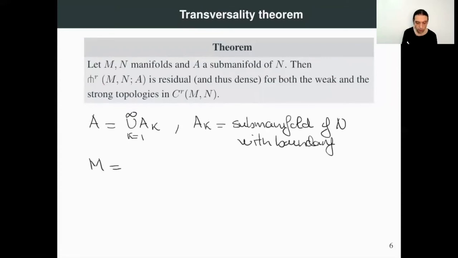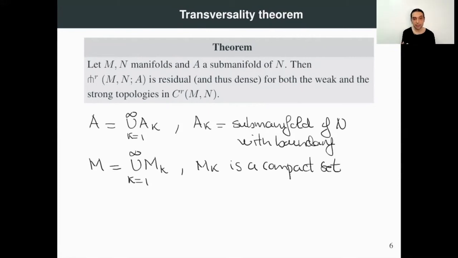We can also write M as a union of MKs, where each MK is a compact set. Indeed, we can even consider an exhaustion if we want.